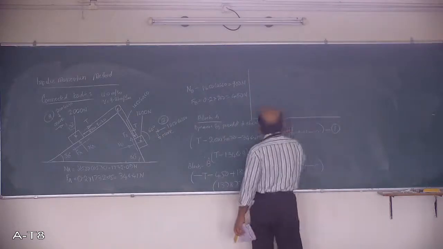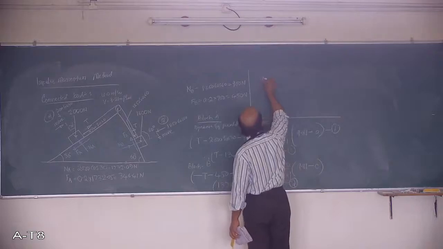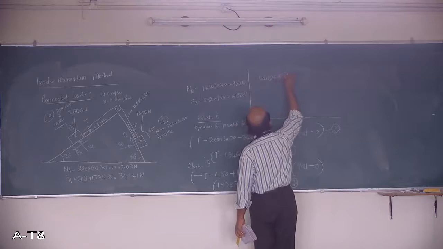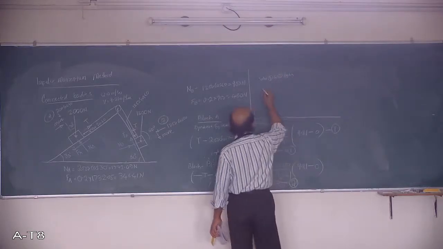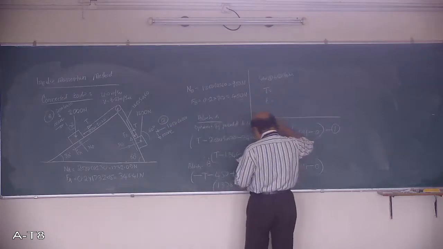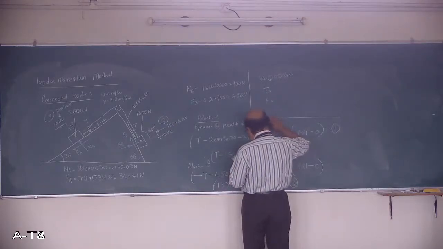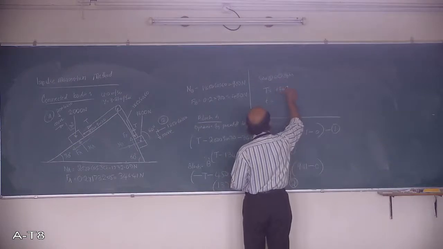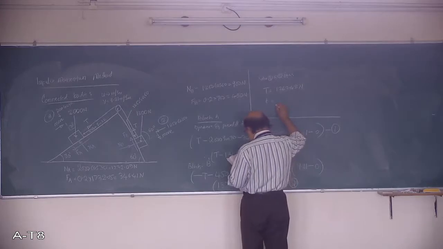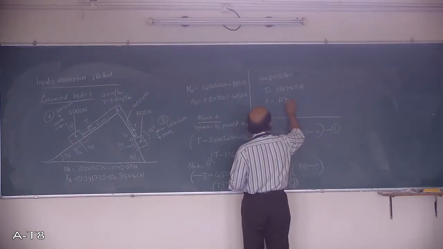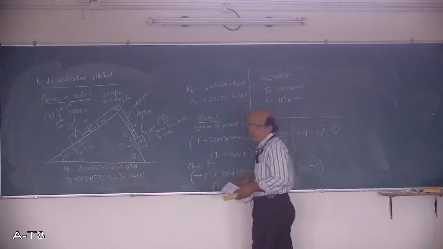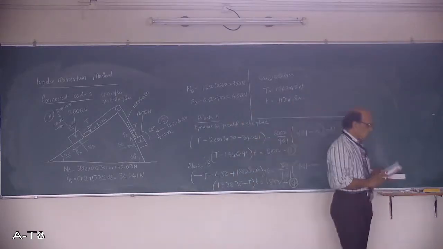Solve these two equations, 1 and 2, for two unknowns. You will get T as well as small t. So therefore T is 1363.48 Newton, and small t is 7.11 seconds. I hope you have understood this one.